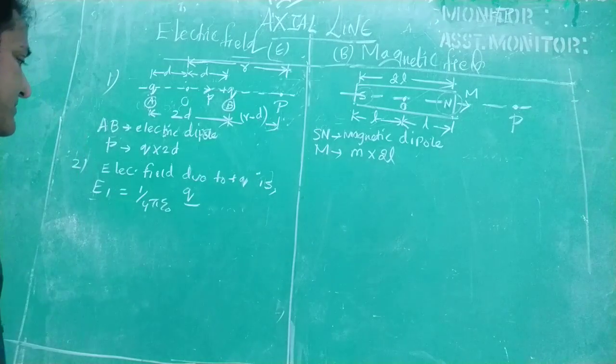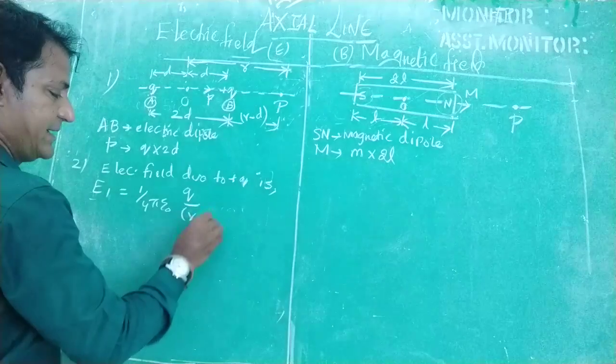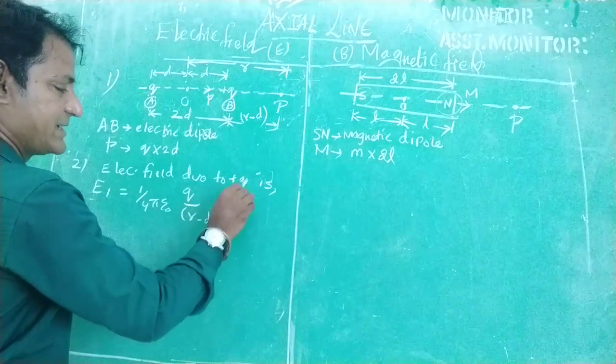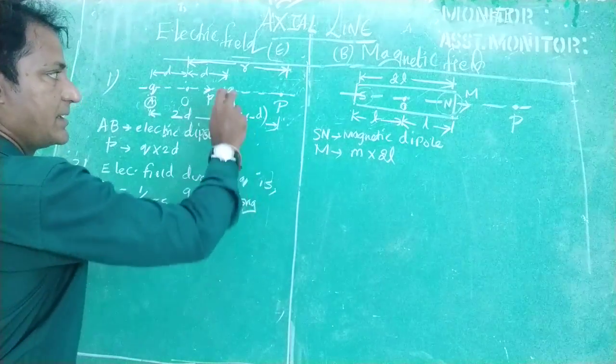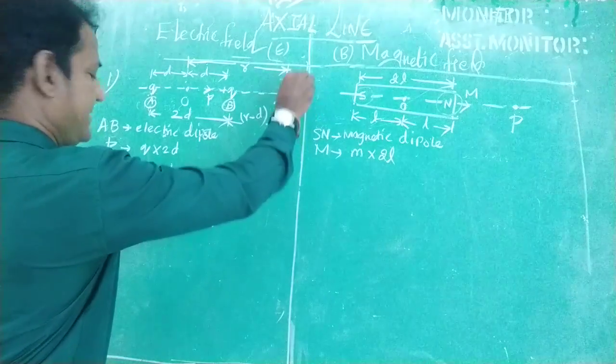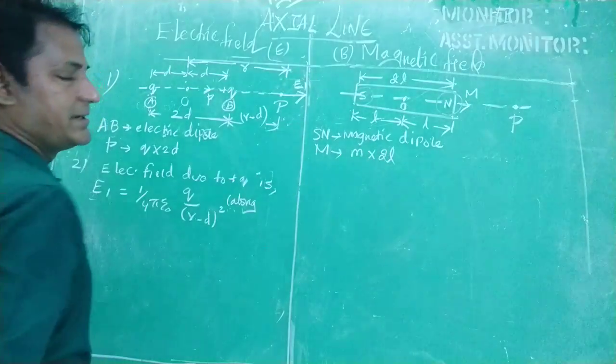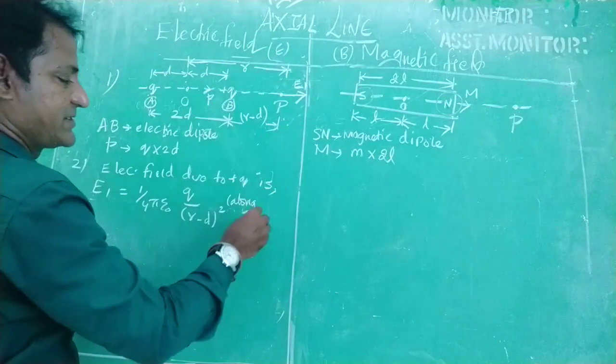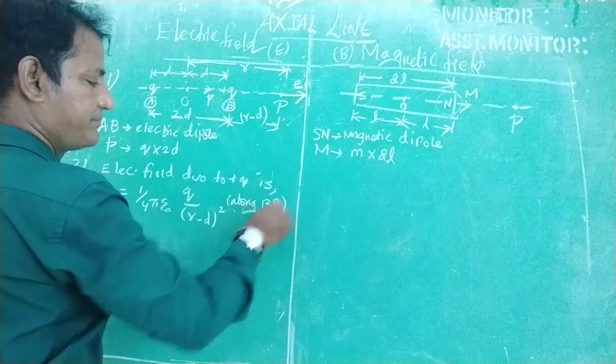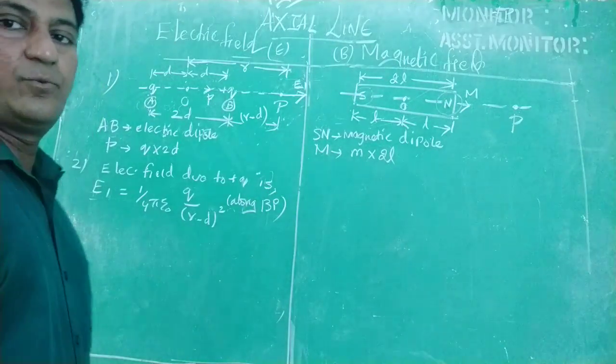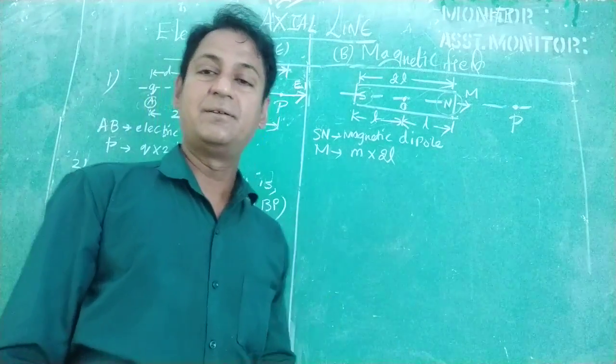So, Q by (R minus d) the whole square, which acts along BP. So E1 is acting away from plus Q. The electric field will always act away from the positive charge.